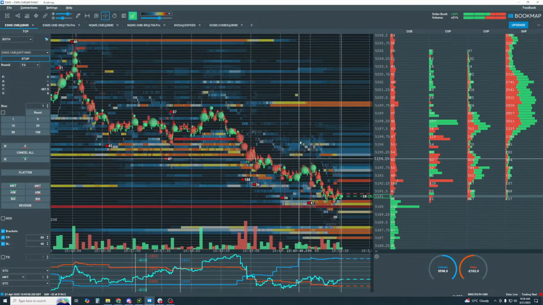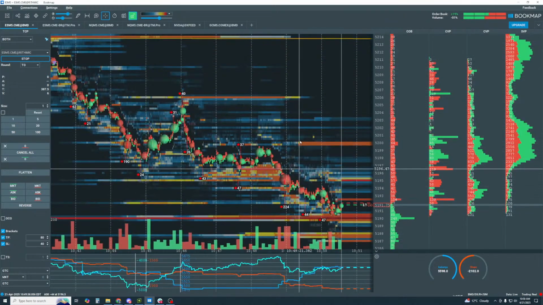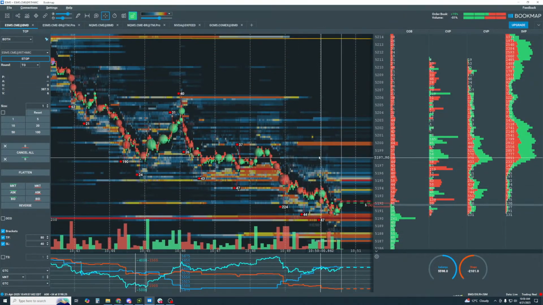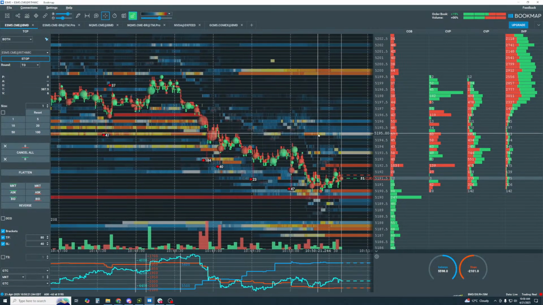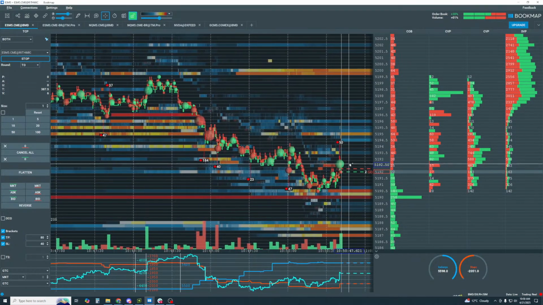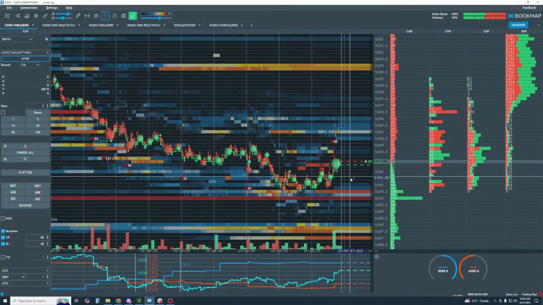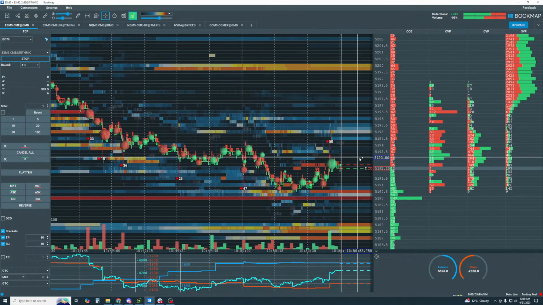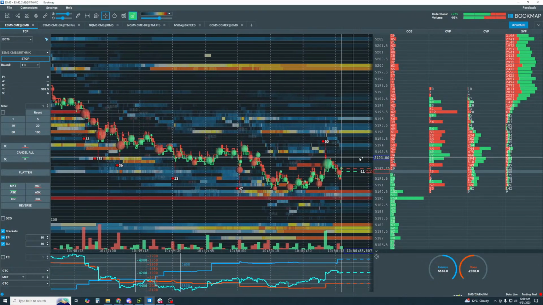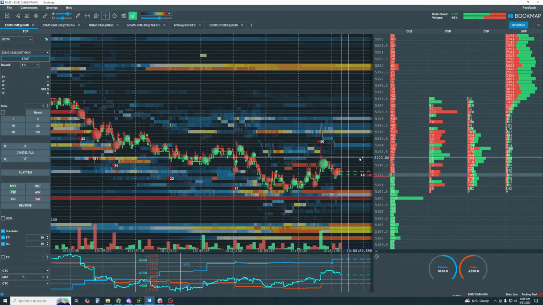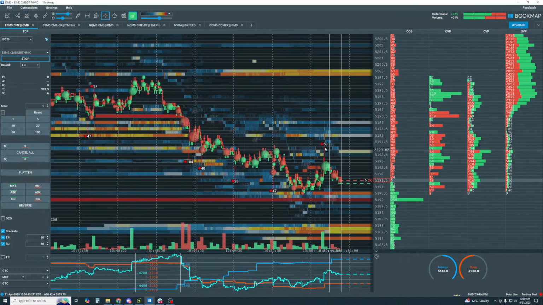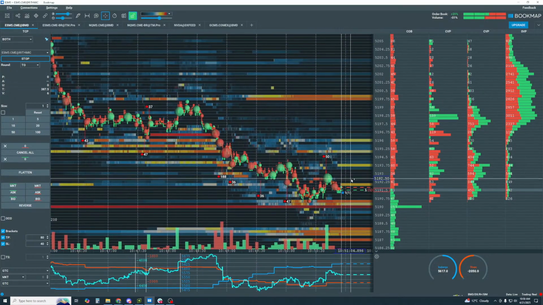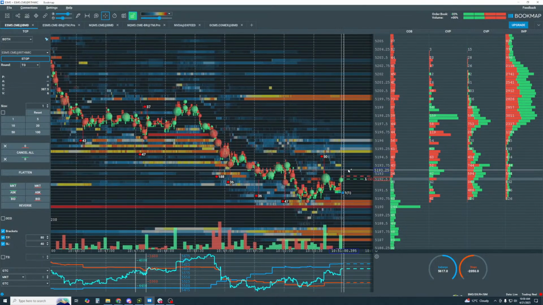Okay, 51.90, looking for it. Okay, here comes some buyers. And still not able to lift it higher yet.